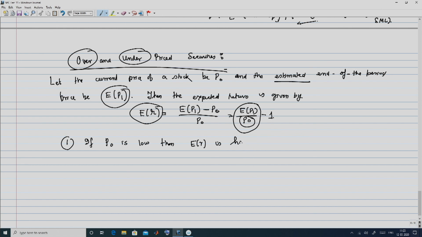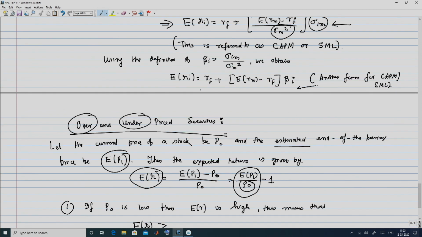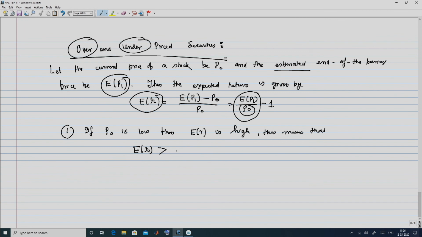So, once I say that this is high, this means that the E of r of the asset that you get will be greater than the expected return given from the formula of the CAPM. So, this means that E of r is going to be greater than RF plus (E of RM minus RF) into beta. Now, here I am dropping the subscript I for notational convenience.